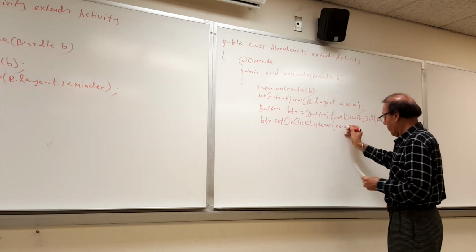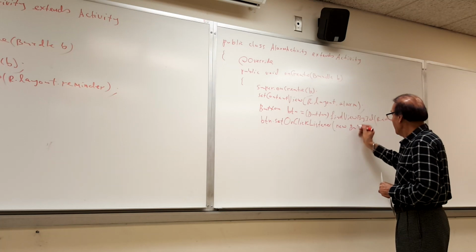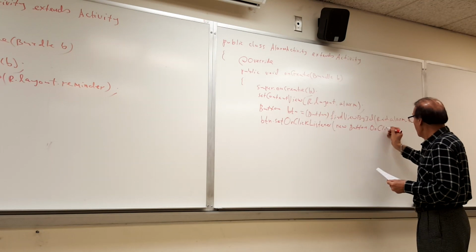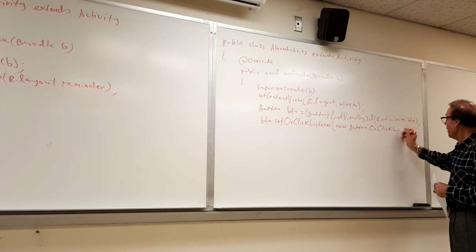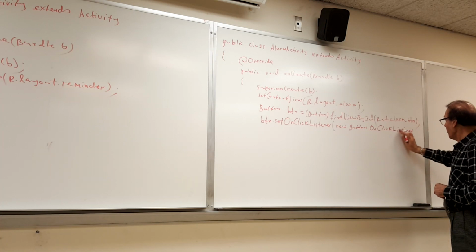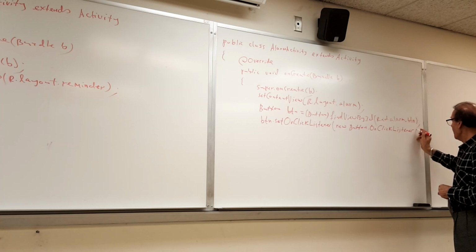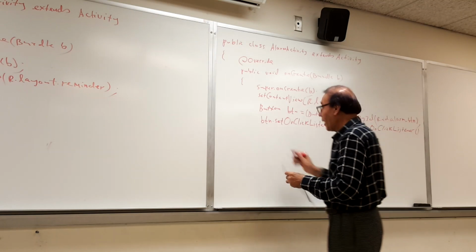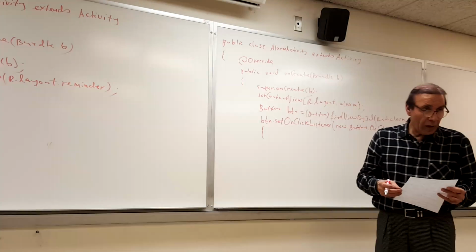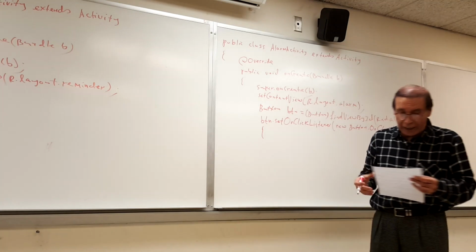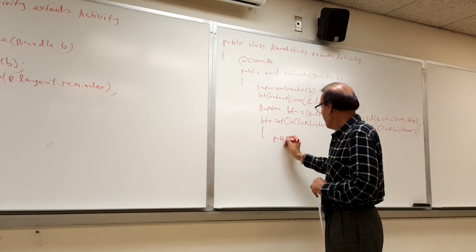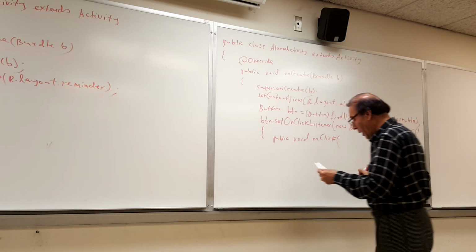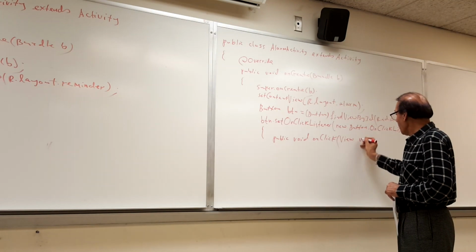New View.OnClickListener(). Now we're going to implement, we're going to override onClick, public void onClick, and as you know the argument is View.